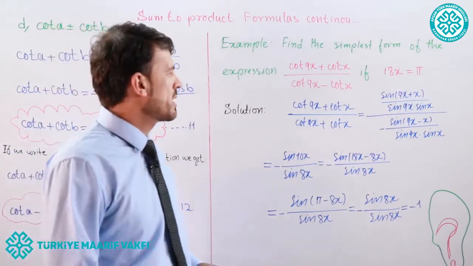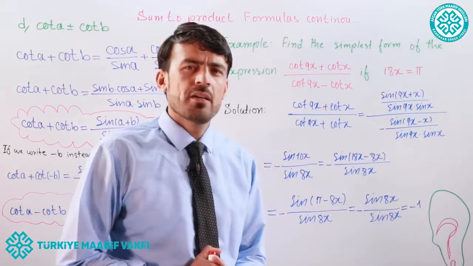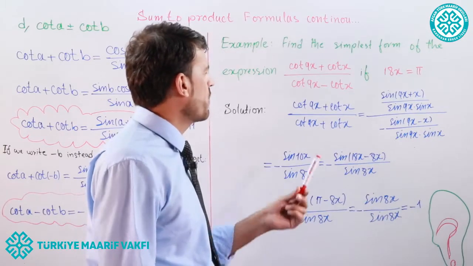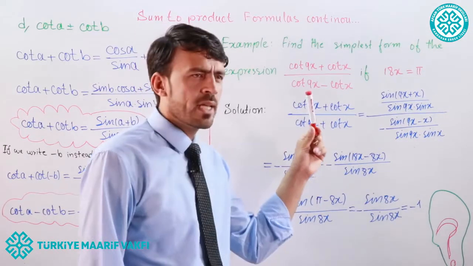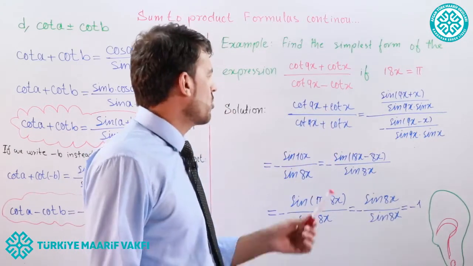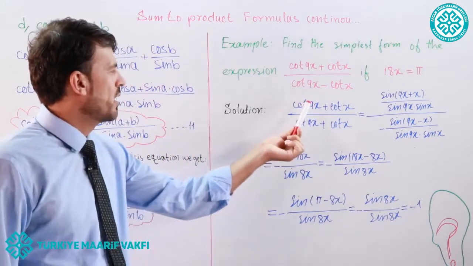How can we solve this example? We can just apply sum to product formulas. We can apply the sum to product formula to the numerator and to the denominator, for the cotangent function.